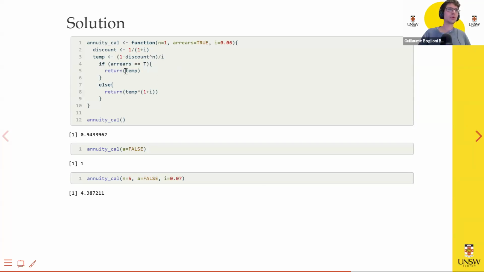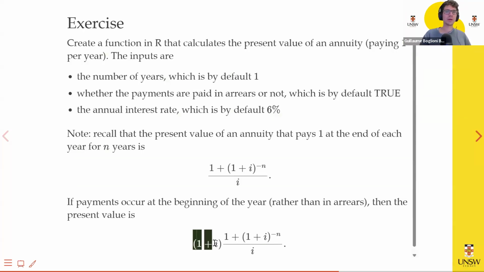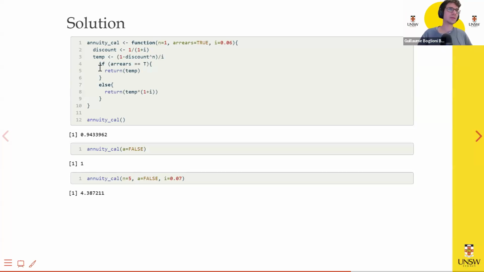So if arrears is true, you want to return this thing called temp. But else, so that's an example of the if else. Here there's only two possibilities, so we don't need if else, we just need one else. So if this is not true, then return the other expression. The other expression would be this. Again, there should be a minus here. And then that's it.